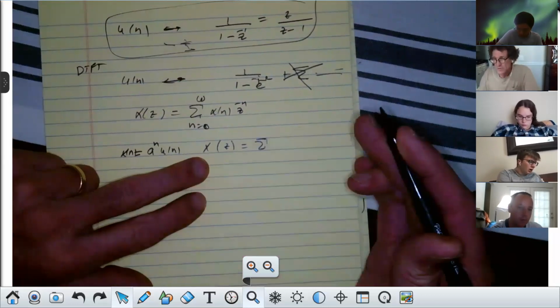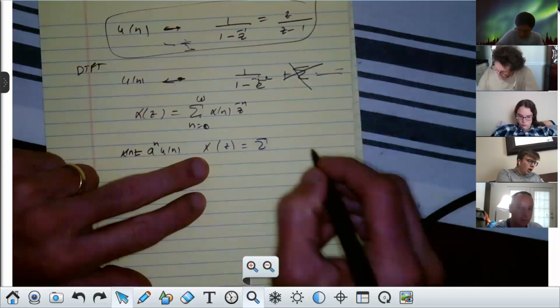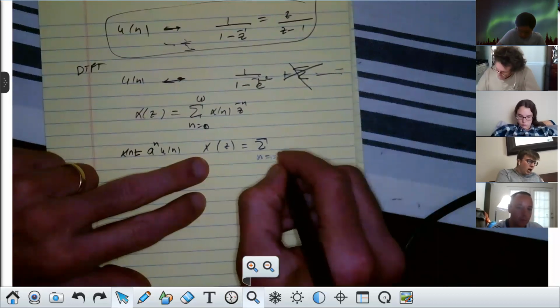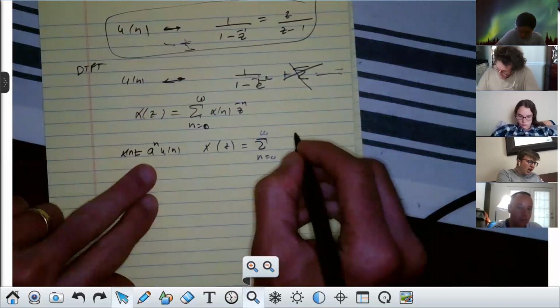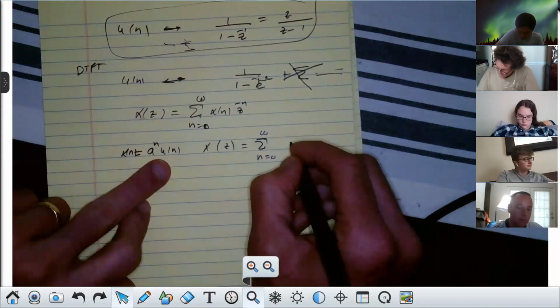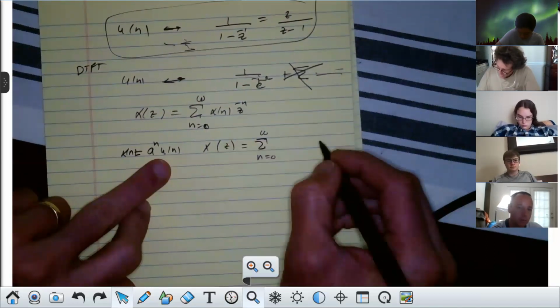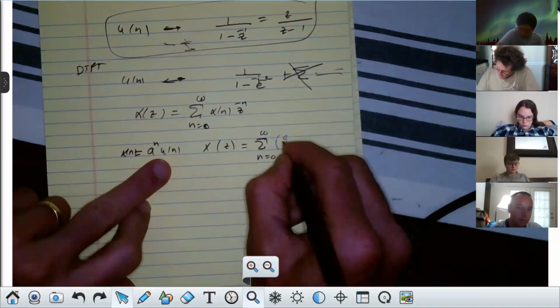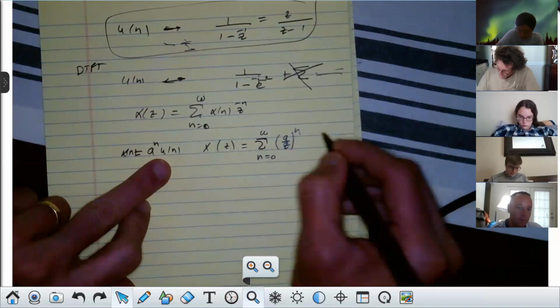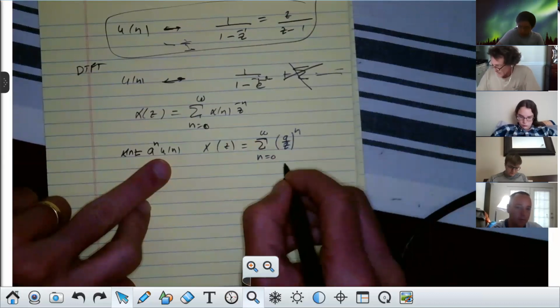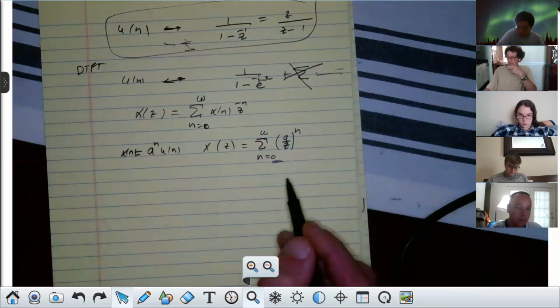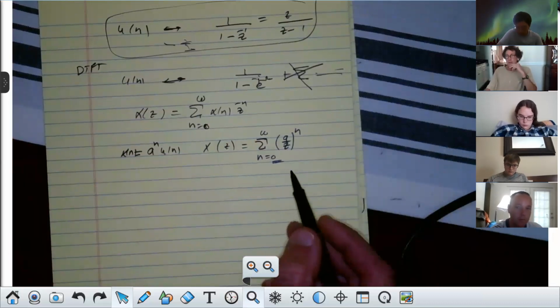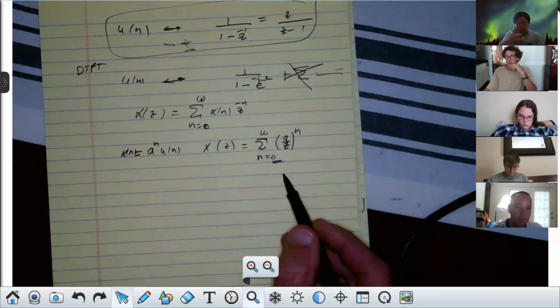These are the base ones we have to have. X of z from n equals 0 to infinity of a to the n u of n times z to the minus n, or really it's a over z to the n. And the u of n you can forget about because it's only valid for n greater than or equal to 0, right? Does everybody agree with me there, people?